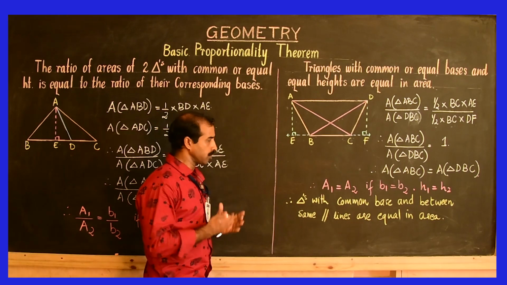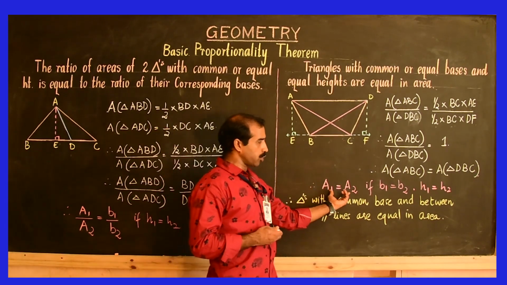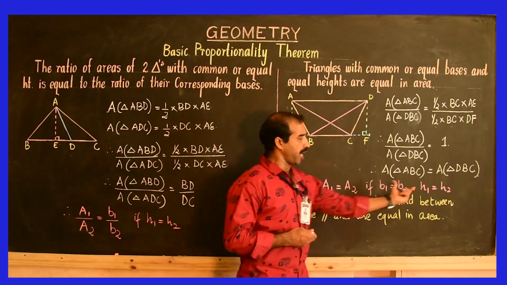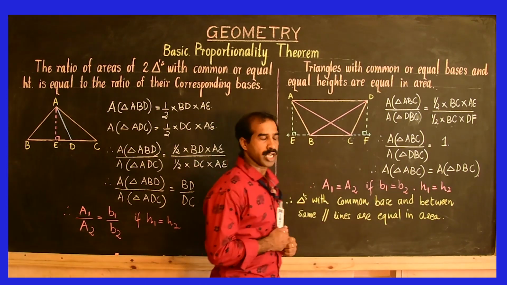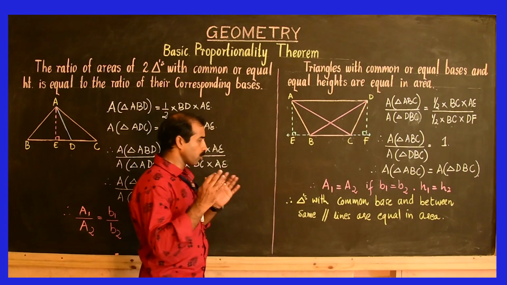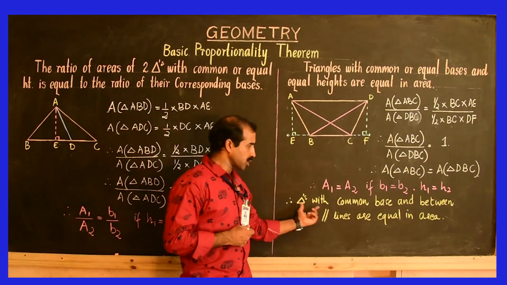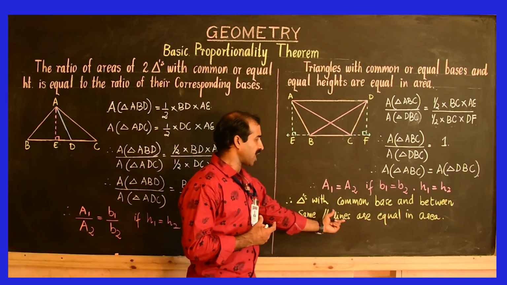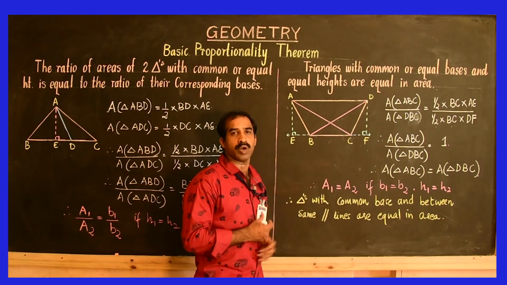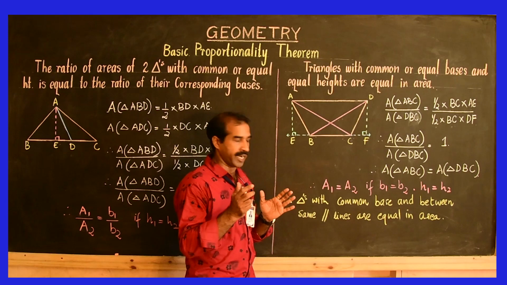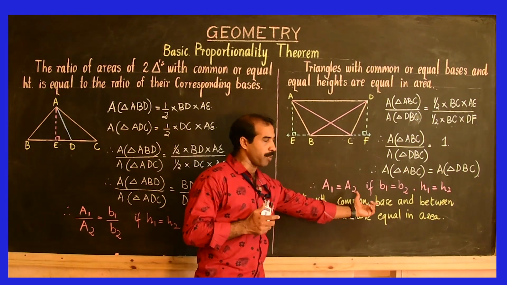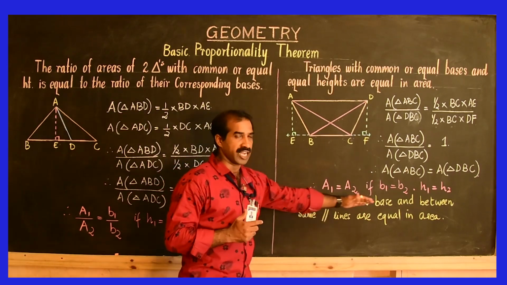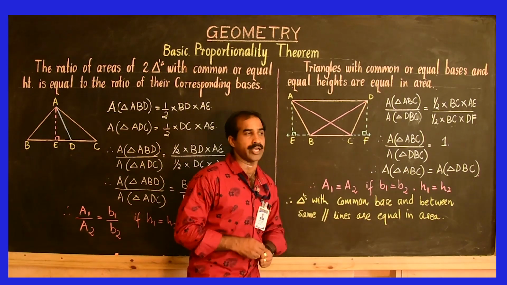So in short, A1 is equal to A2 if B1 equals B2 and H1 equals H2. Do remember the fact: triangles with common base and lying between the same parallel lines are equal in area.